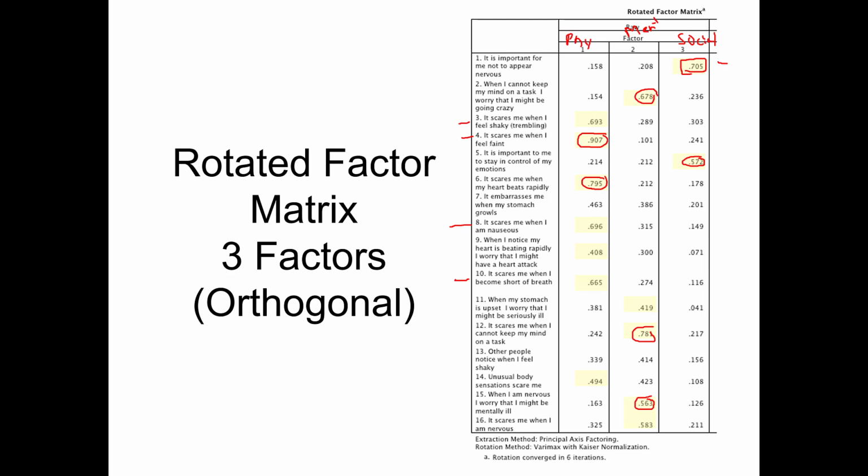One thing I do want to show you: what do you do with this item here? It embarrasses me when my stomach growls. It loads on this first factor, so it's a bodily sensation. It makes sense to fit there, but it is almost loading on the second factor, that mental discontrol.